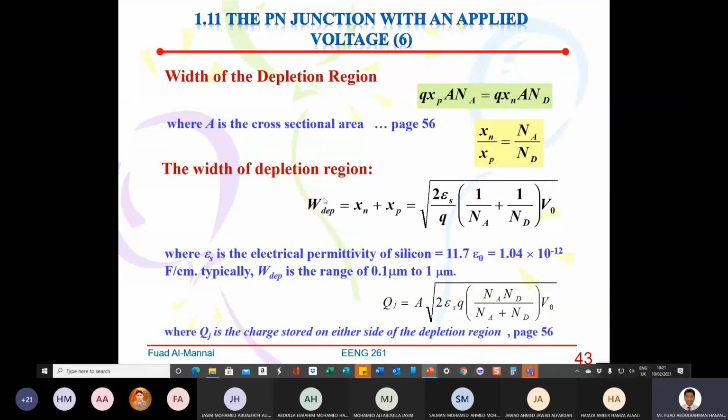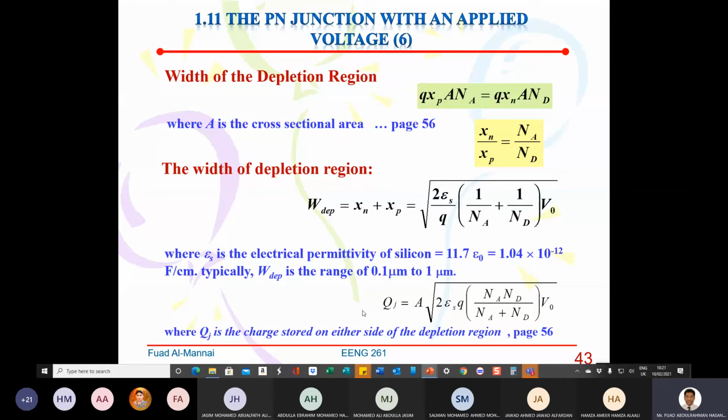Usually the depth is in the range of 0.1 to 1 micrometer.